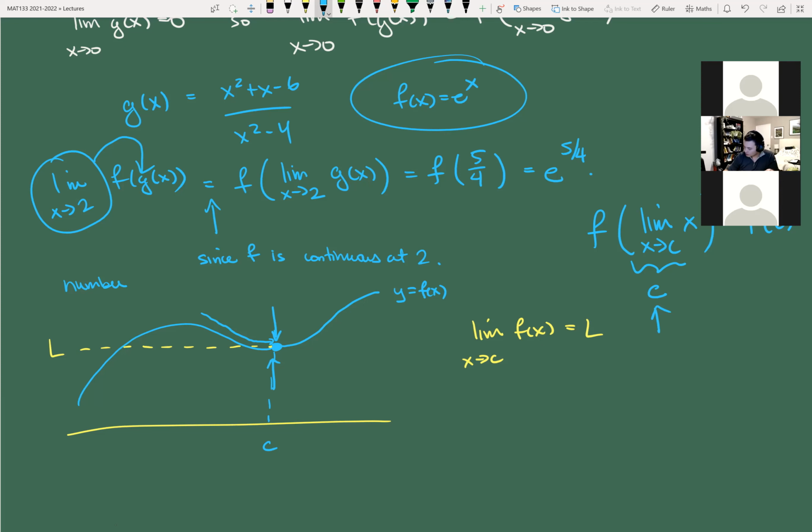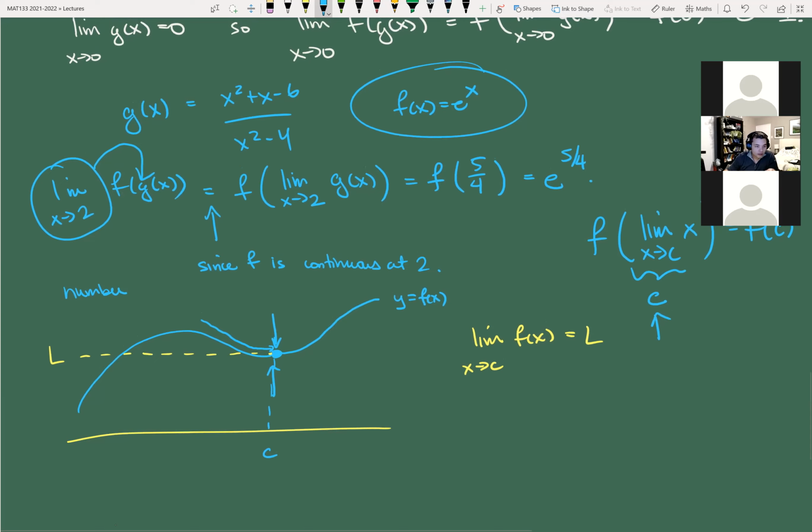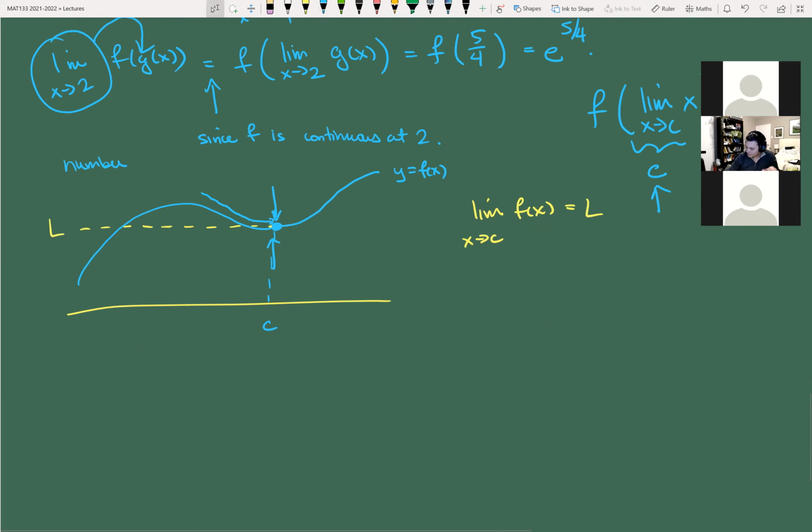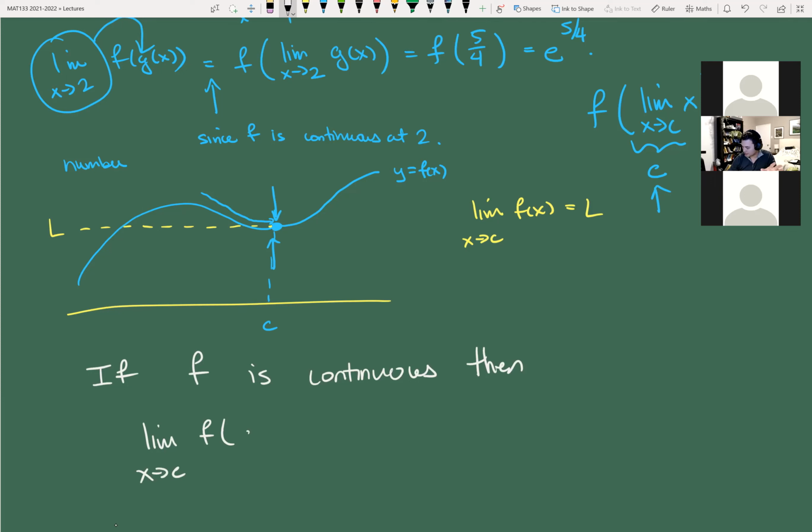Davin, so the whole point is, if F is continuous, then the limit as x approaches C of f of x, or let's write this with a generic g, like we don't know anything about g, okay?